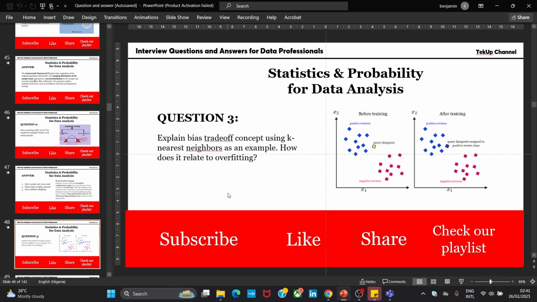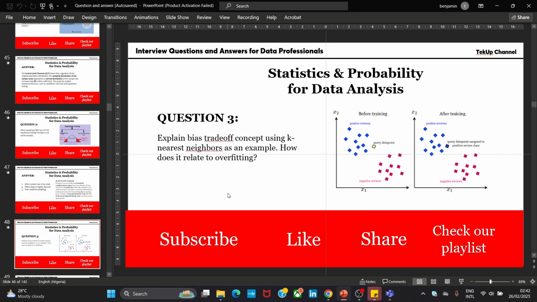But when K is large, it simply means that the model has a smaller variance and is less affected by individual noise points, but this can also make the model oversimplify and miss important patterns in the data, which leads to underfitting.